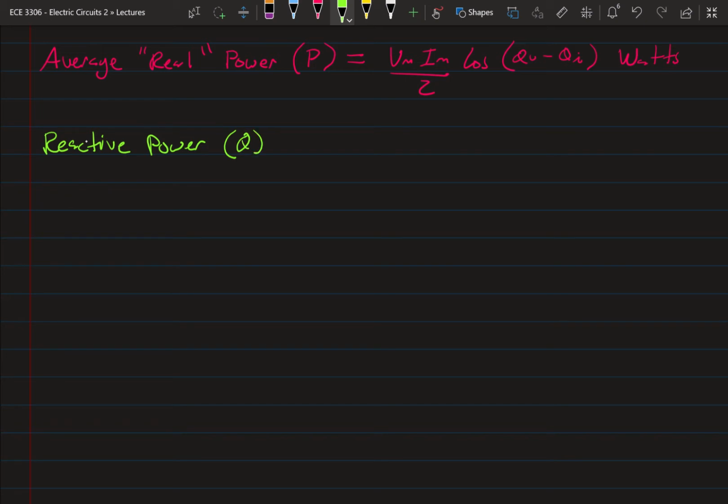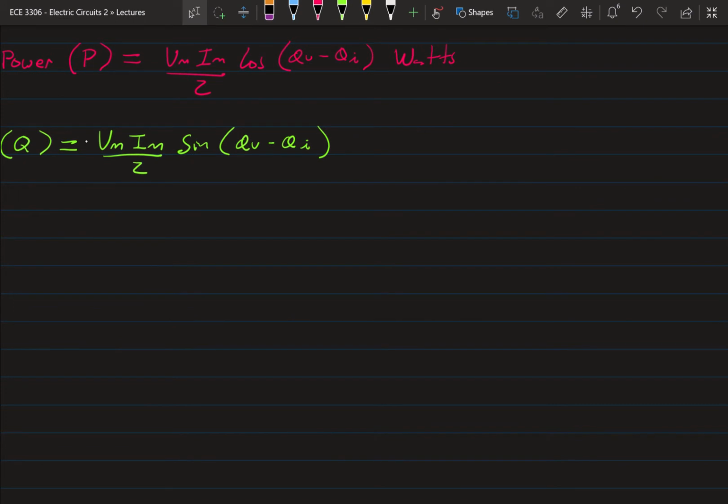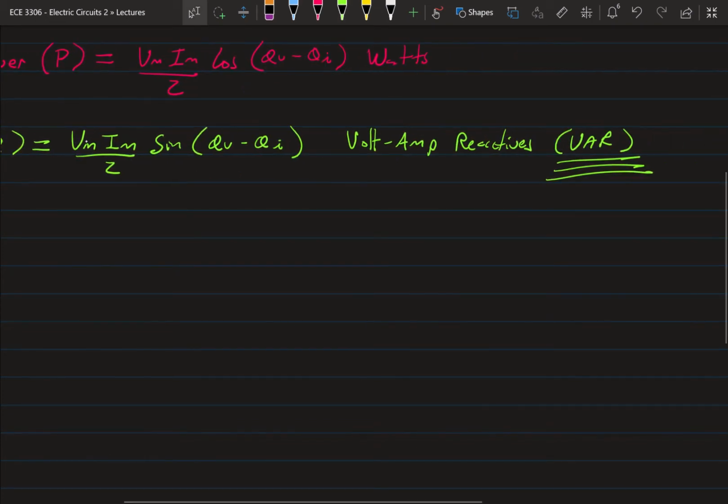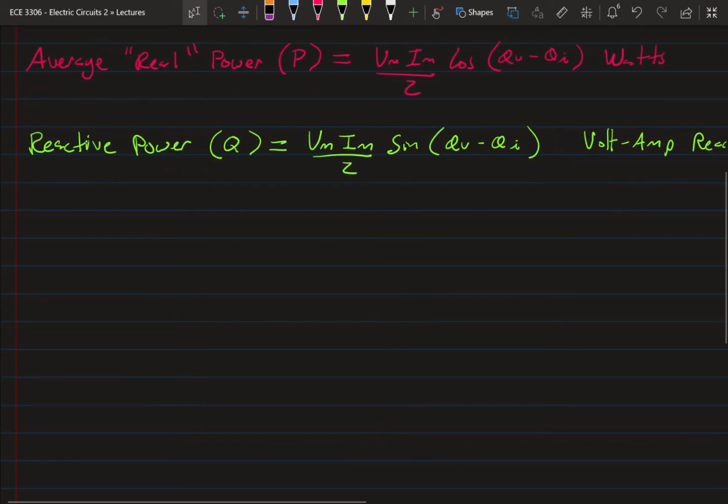We're going to denote it as capital Q, and that's equal to Vm Im over 2 times the sine of theta v minus theta I. Now this is given in a unit called volt-amp reactives, or VARS for short. Power systems guys use VARS and talk about VARS all the time. So if you become a power systems engineer, VARS is going to become your jam.